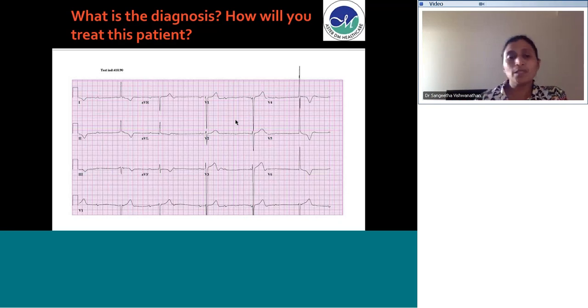Okay. So now supposing this child had sinus bradycardia, okay, with a heart rate of 45, what is the other test you would do? Significant bradycardia, but sinus.